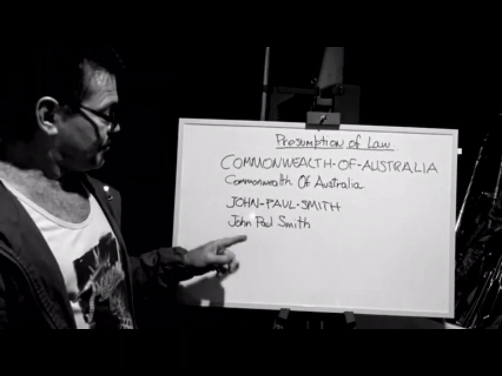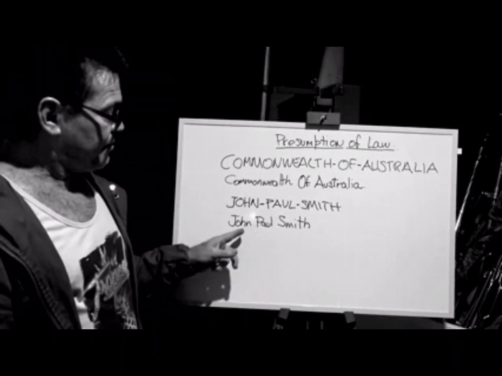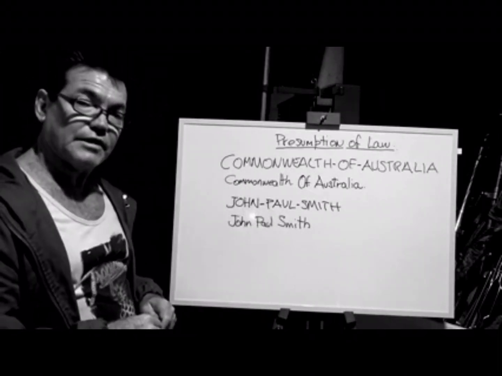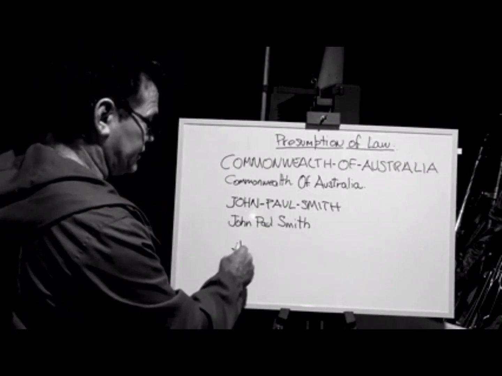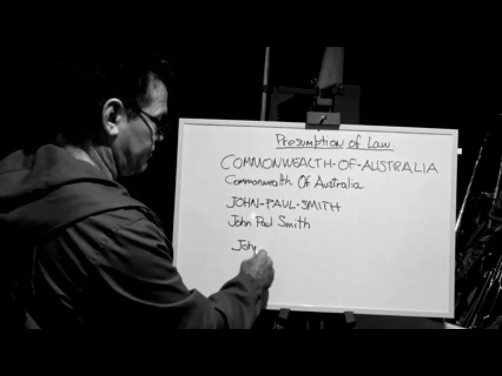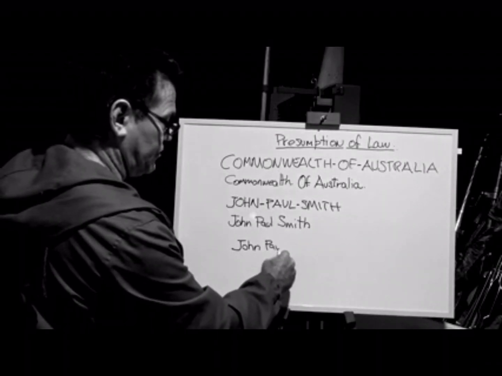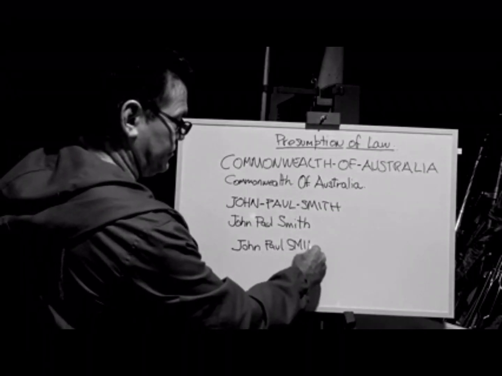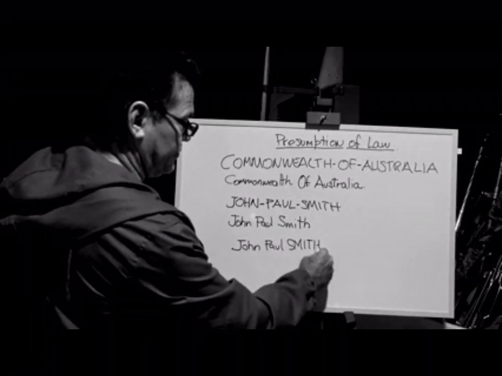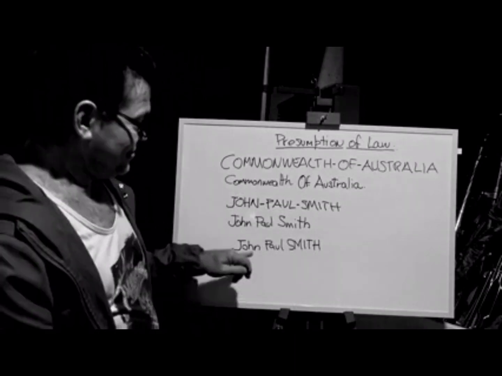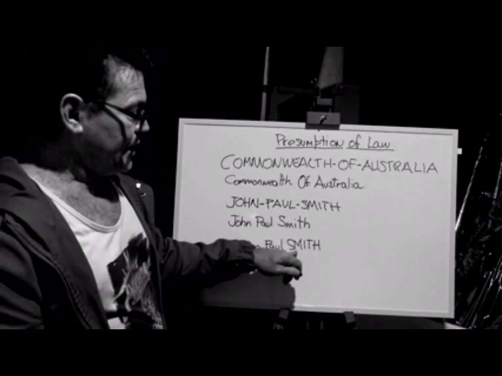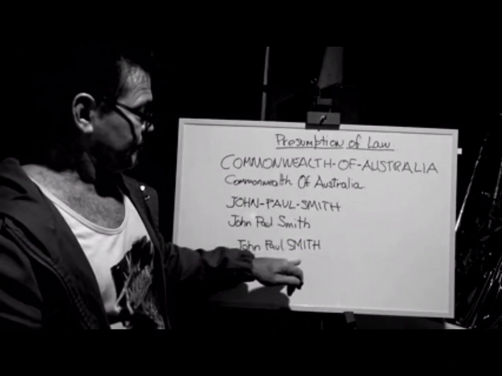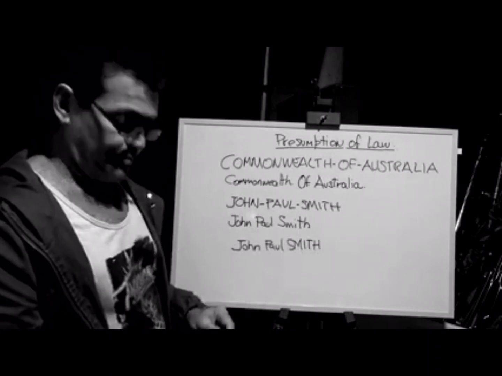Now of course, even if you think your name is John Paul Smith, you will probably notice also on your birth certificate a name looking like this. Where your Christian name and your surname appears on the one page, but grammatically there's no joinder between the two.